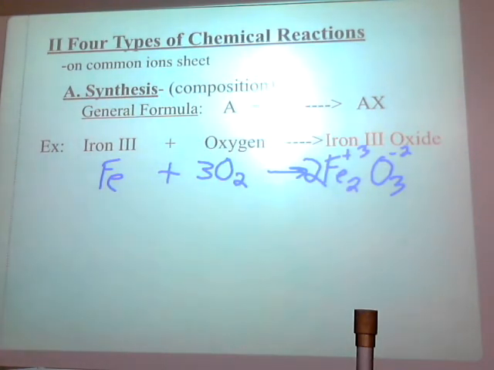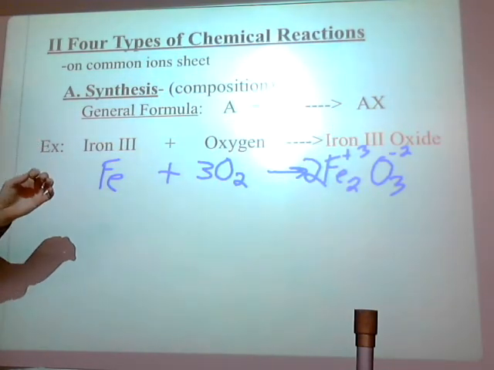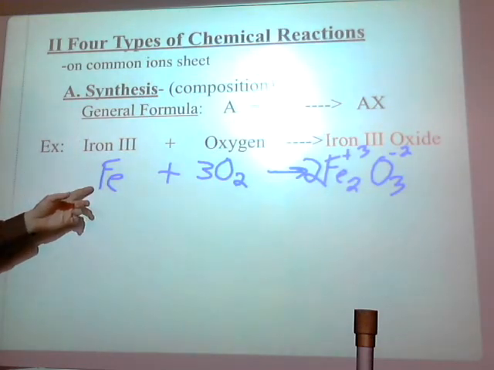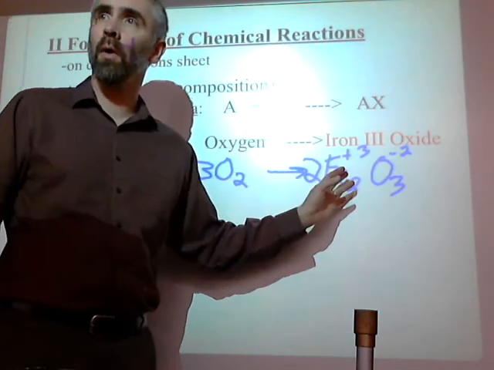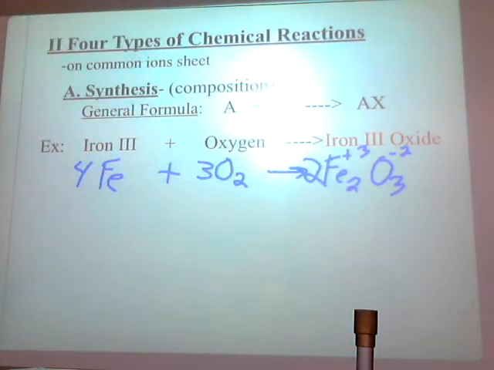But in the process, I messed something else up. What did I mess up? The iron. The O's are fixed. The iron's messed up. So I need a 2 here? No. What do I need? I need a 4. Because I've got 2 times 2 is 4 Fe's over here. I'll need a 4 there. And that is how you do a simple synthesis or composition reaction.